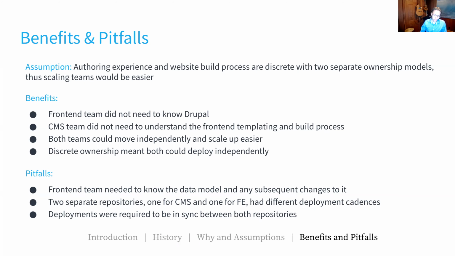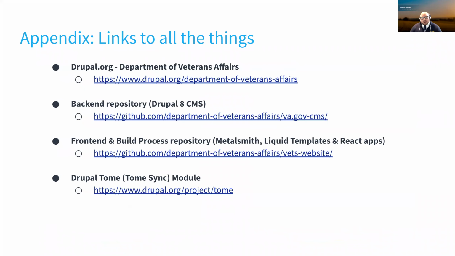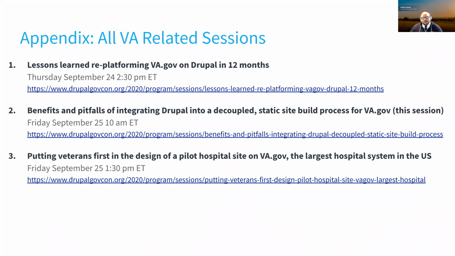Cool. I think that's it for our benefits and pitfalls. On the next 2 slides is the appendix, with links to all the things we cared about, and also to the other sessions of our friends who presented about VA.gov and the VA process, from everybody who's working on anything related to VA.gov.